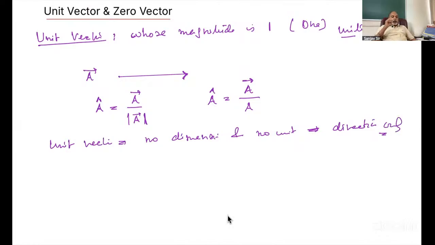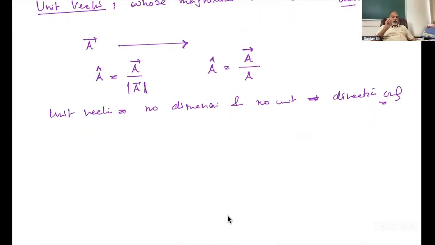So the unit vector of A is showing the direction only towards A. Whatever is the direction of A, that will only be shown by this unit vector, correct?